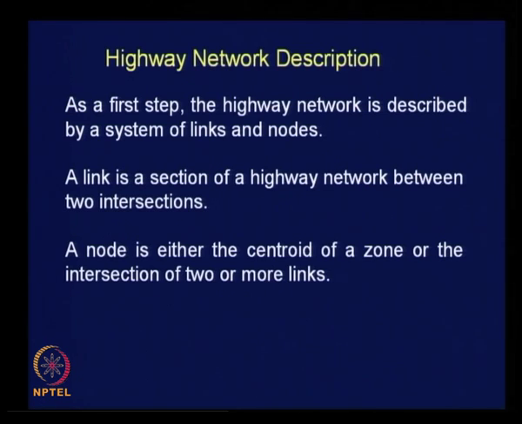So, each road intersection is considered as a nodal point, node, and your zone centroids are also considered as nodal points, right. Zone centroids are not fixed at road intersections, they are fixed based on set of different criteria about which we will discuss later. Okay. As of now, understand that all road intersections are considered to be nodal points. All the zone centroids are also considered to be nodal points.